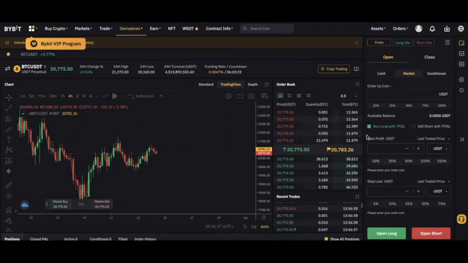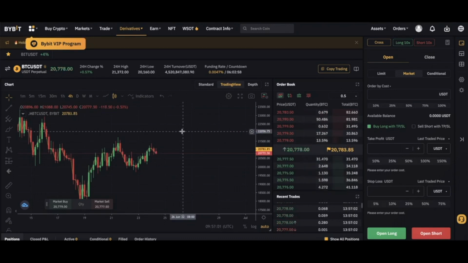So the first one, the buy position, we're looking for higher prices. For a sell position, we're looking for the chart to go down. So here we can put in a take profit. Take profit means that if the price comes up to our level, it's cashed out and we're saving our money.